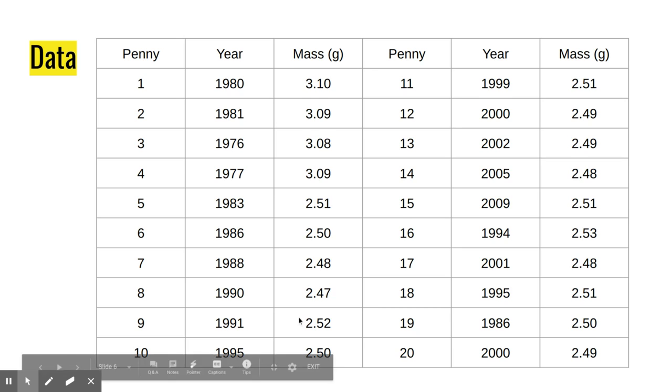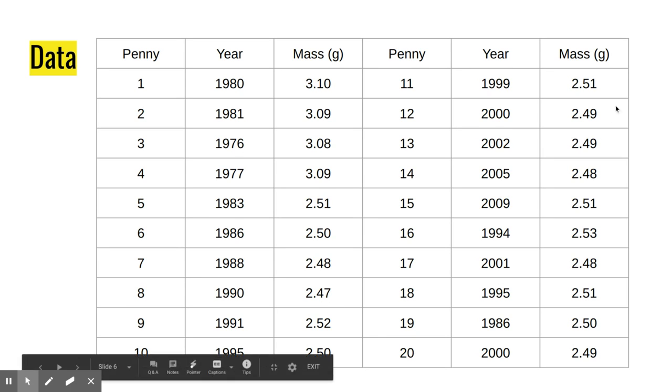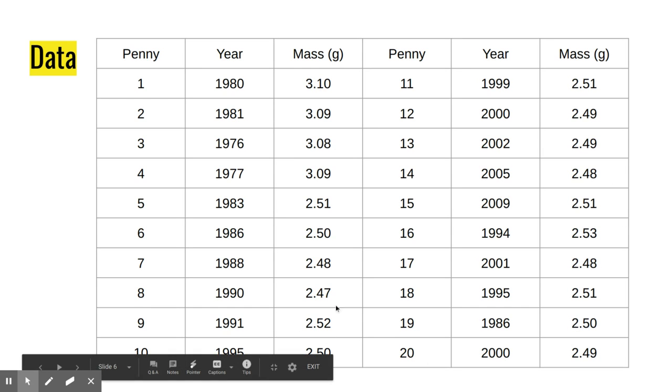But if we look at the data overall, we're going to see that we have two very distinct different masses here. So we have one mass or one isotope that has the mass of about 3.1. And then we have another mass that is about 2.5 ish, or 2.49 ish.